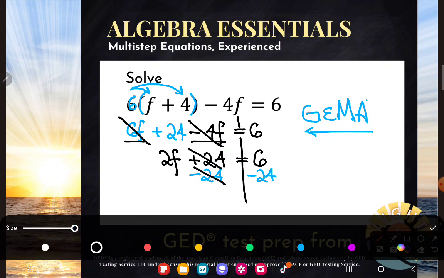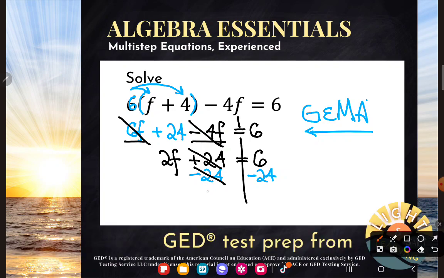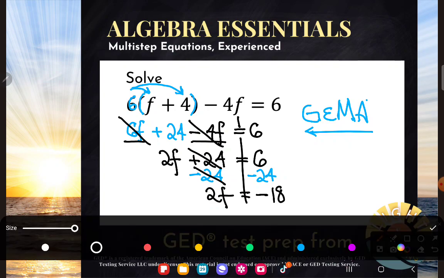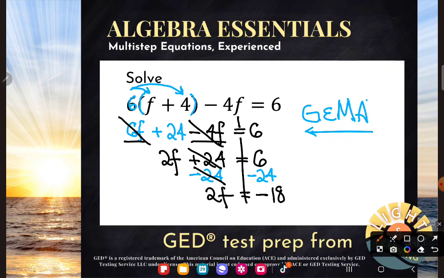Now adding 24 and subtracting 24 are opposites. They cancel just like I wanted. We've got 2f, and that's going to be equivalent to, what is 6 minus 24? Well, negative 18. And again, use your calculator so you can focus on the algebra.